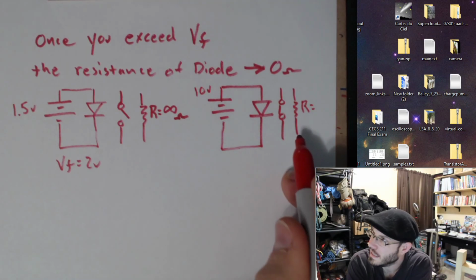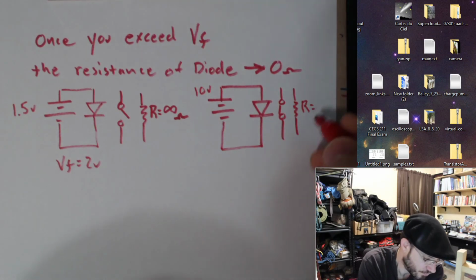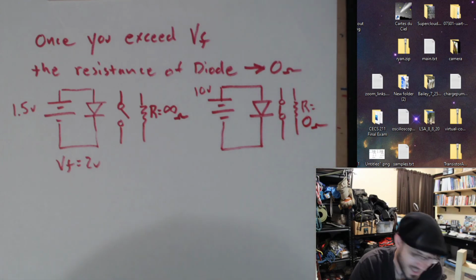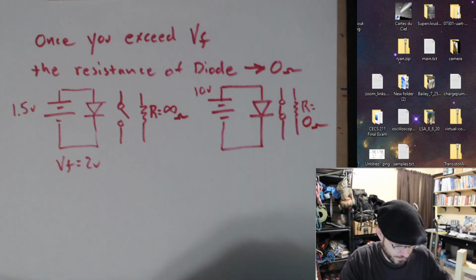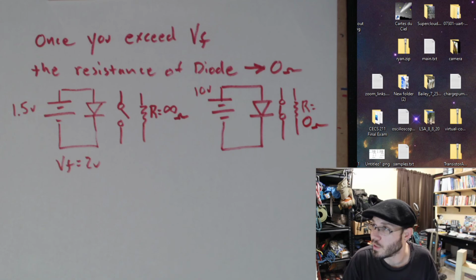How much resistance is a closed switch? 0 ohms. At least a really good closed switch should be 0 ohms through it.